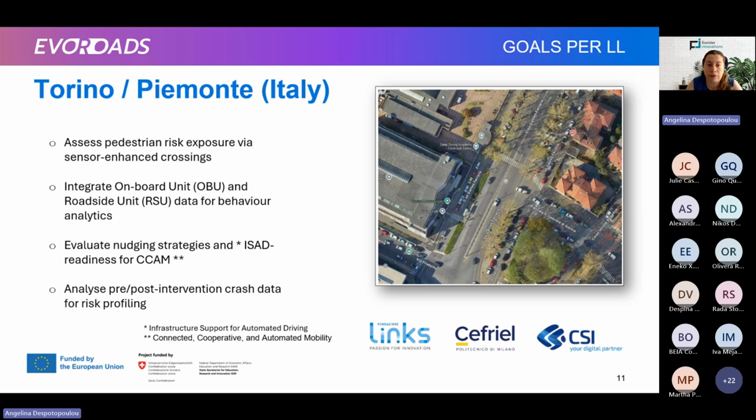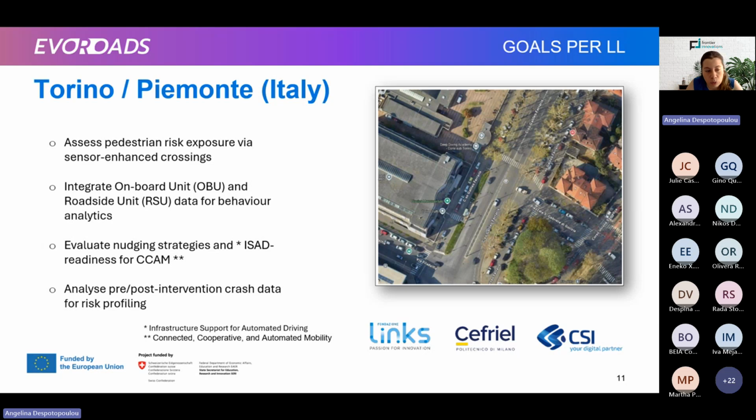As I mentioned, we have Torino, a very historical and big city in the area of Piemonte in Italy, which aims to assess pedestrian risk exposure via sensor-enhanced crossings. One of them, you can see it in the picture.